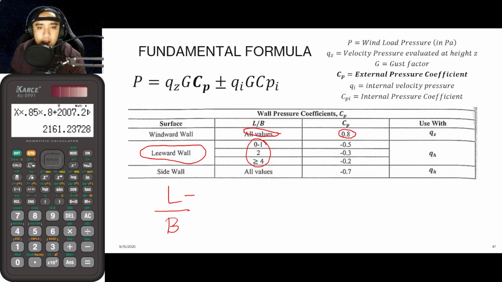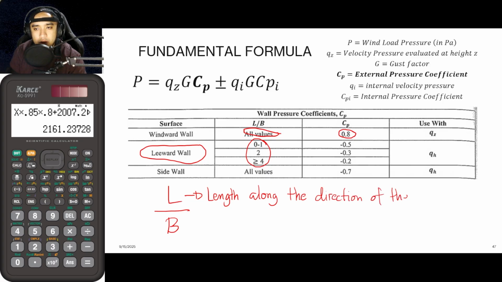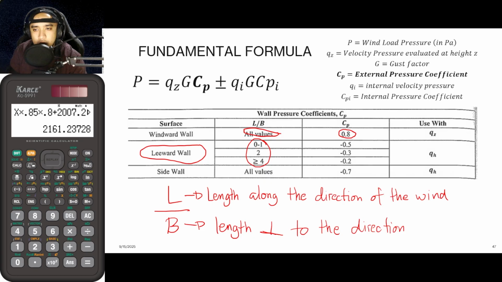When we say L, this is the length along the direction of the wind. And when we say B, this is the length perpendicular, or normal, to the direction of the wind.